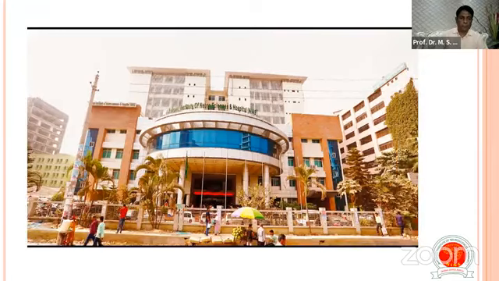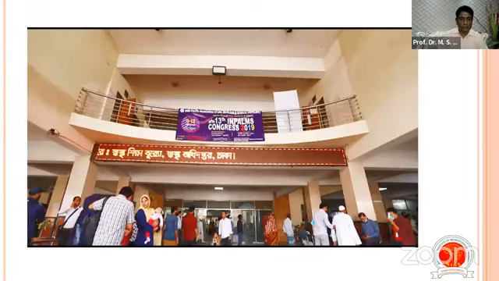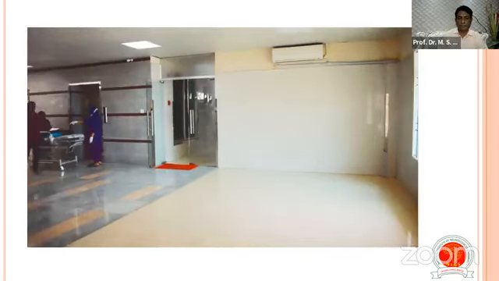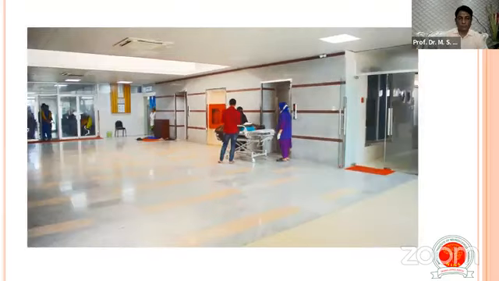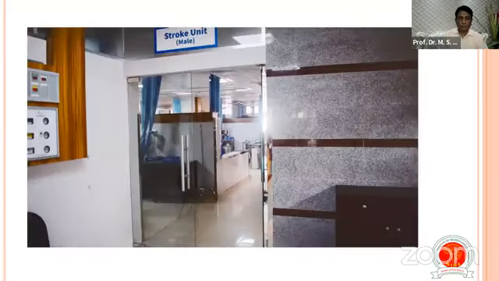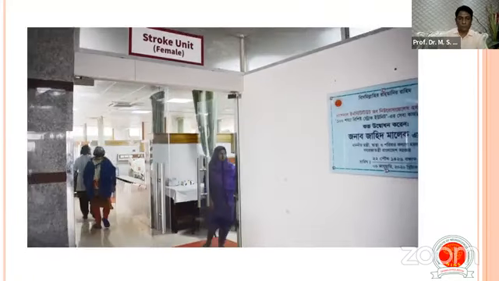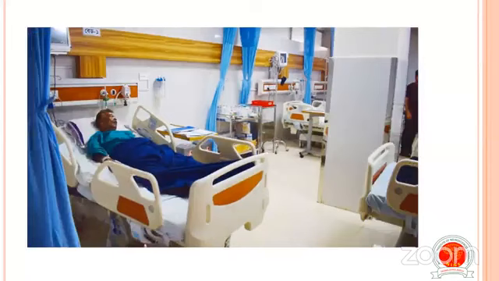The stroke unit is divided into two separate units, male and female. Also, it is equipped with all modern and sophisticated technology. Each bed has a separate advanced patient care facility for a world-class service.